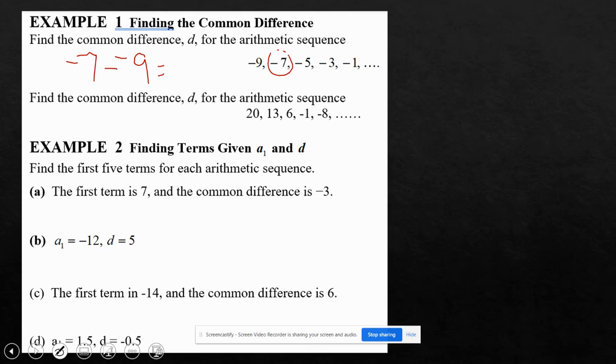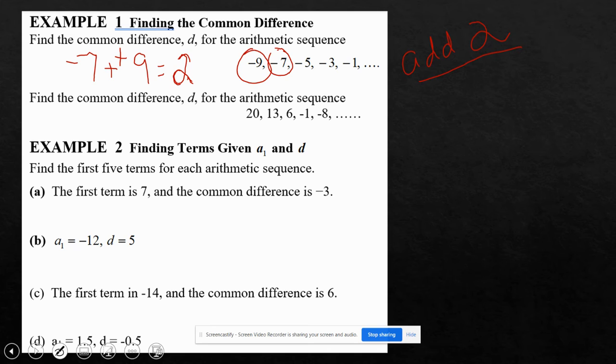You subtract the first term from the second term, or whichever two terms you pick, it doesn't matter. If I did that, then remember we keep, change, flip. Negative 7 plus 9 is 2. So that's saying that we are adding 2 every time to get to our next term.